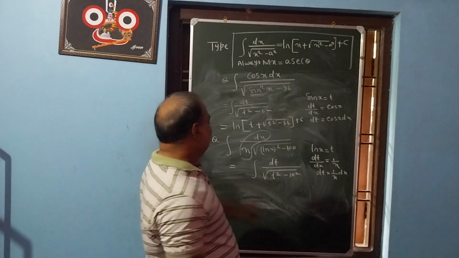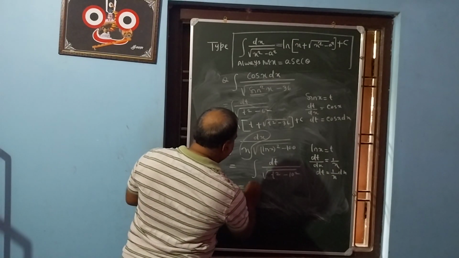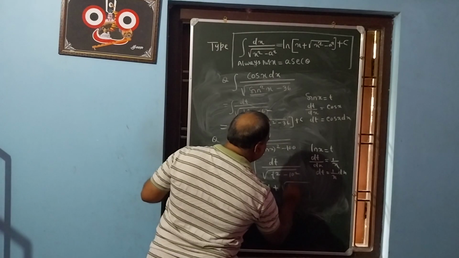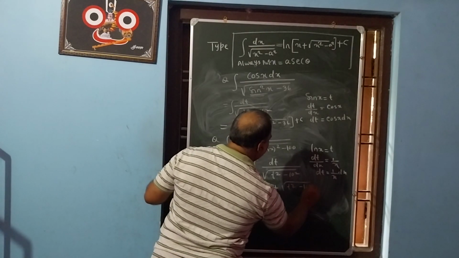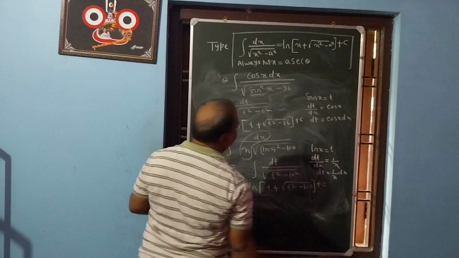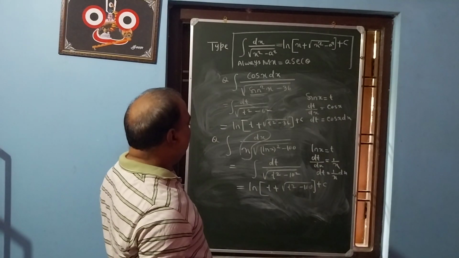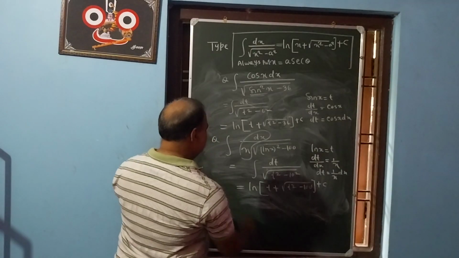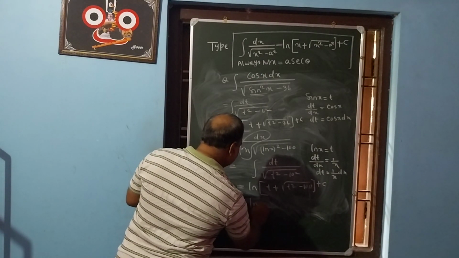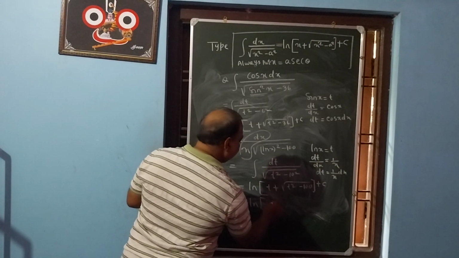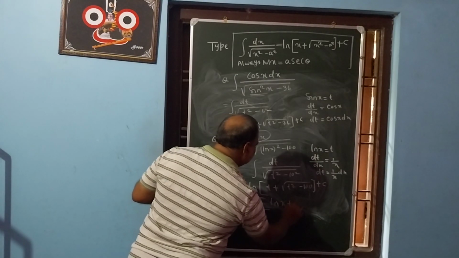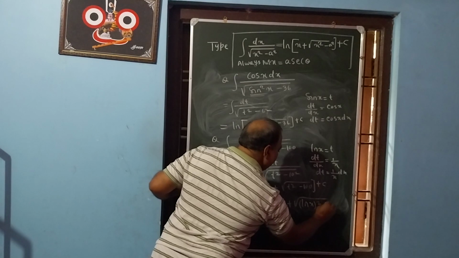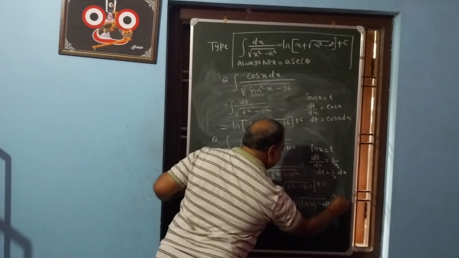So what is the formula? That formula is ln of t plus square root of t square minus 100, plus c. Now we have to put t is equal to ln x. So we get ln of ln x plus square root of ln x whole square minus 100, plus c.